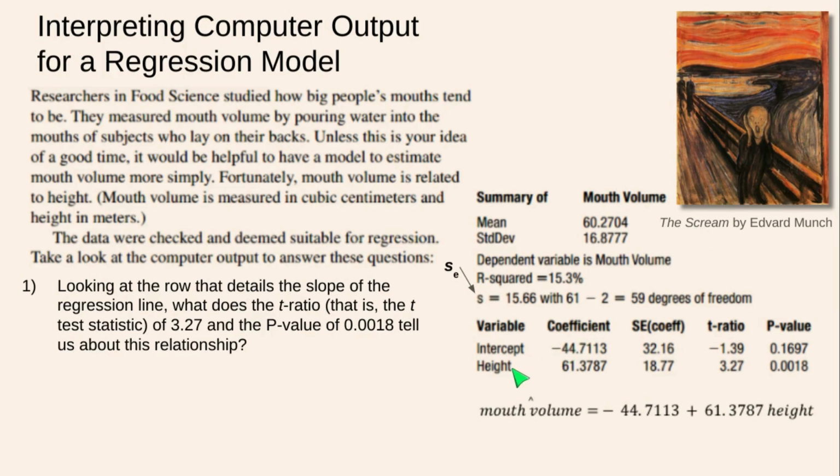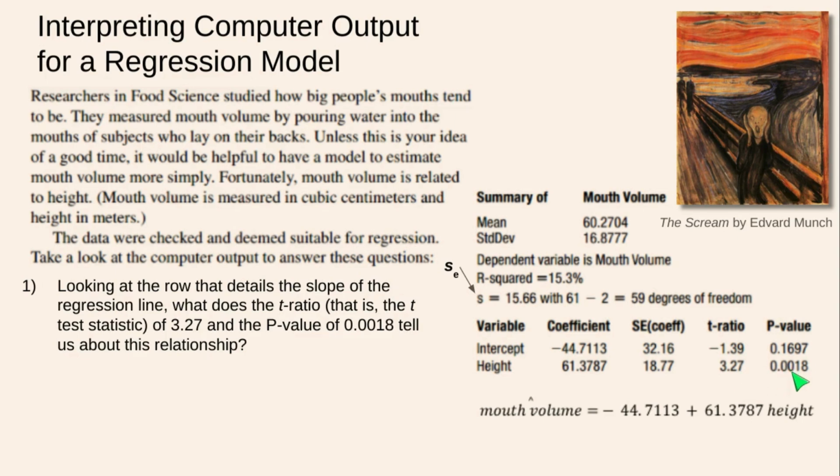This is going to tell us about the slope of the regression line, which is the hero in analysis of regression. We see this t-test statistic of 3.27. We also see a p-value of 0.0018.